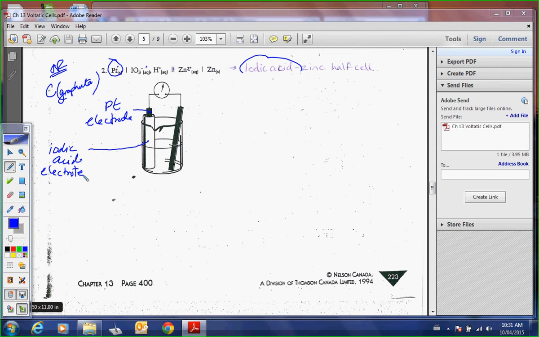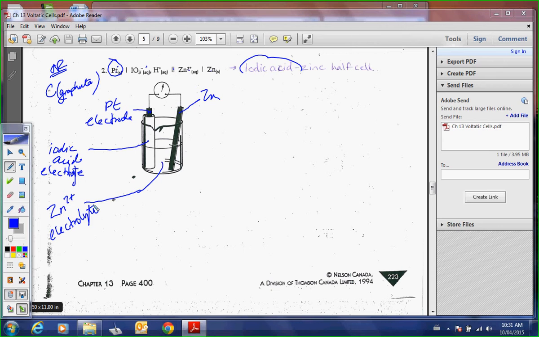This is your zinc, and this must be your zinc 2 plus. So it comes with something else, zinc nitrate, zinc sulfate, zinc something. It doesn't matter what it is. Electrolyte.